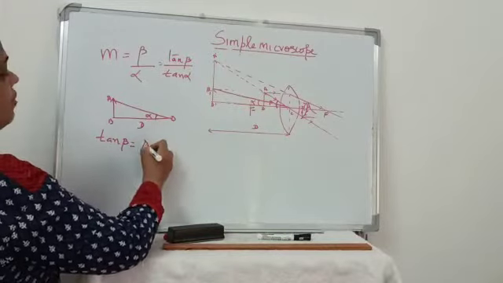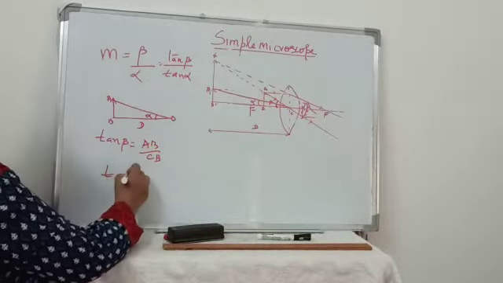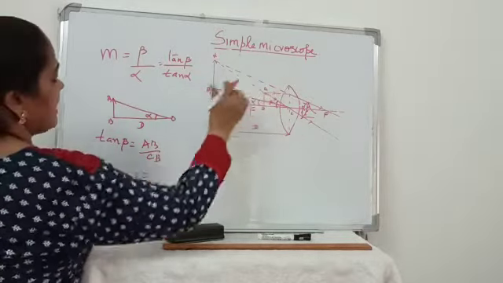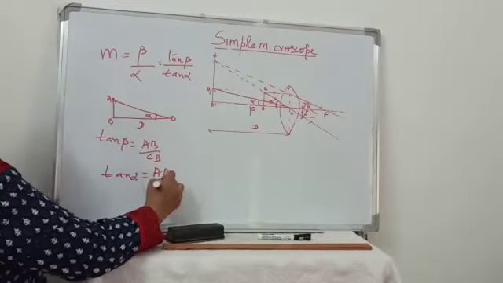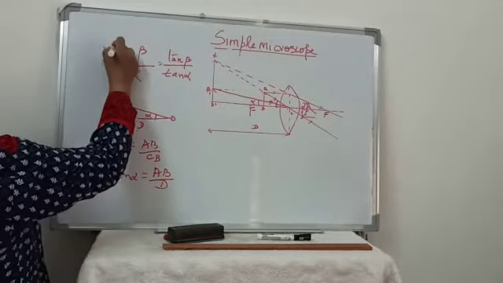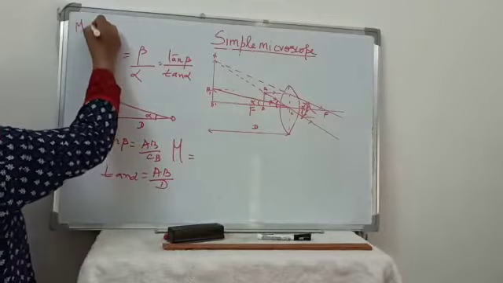Tan beta is equal to AB by CB. Tan alpha will be equal to A1B dash, which is nothing but AB, and the distance of the object is D. So what is this magnification? We'll write it as capital M, the magnifying power.